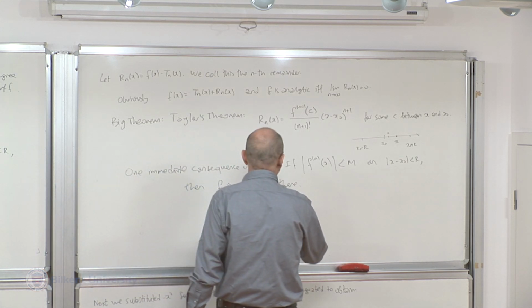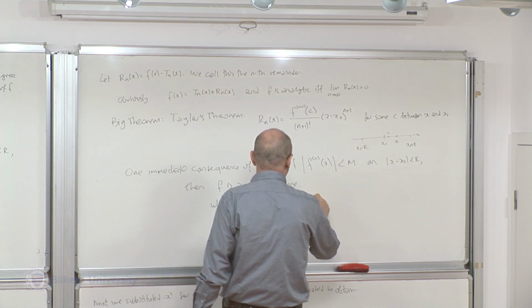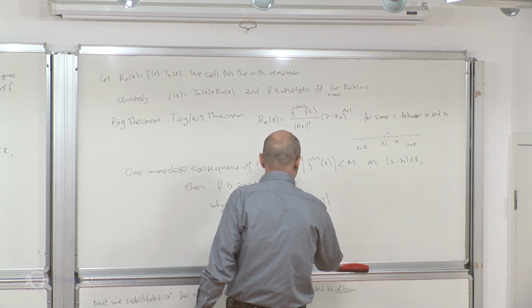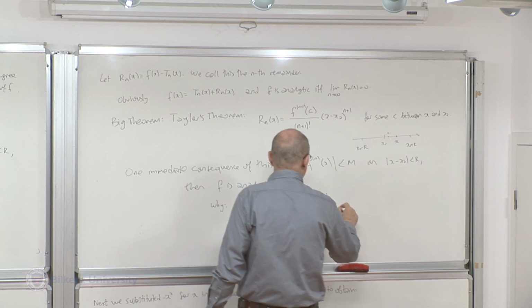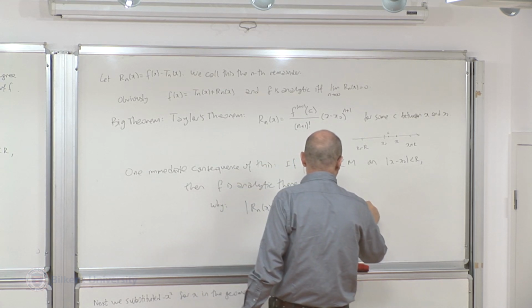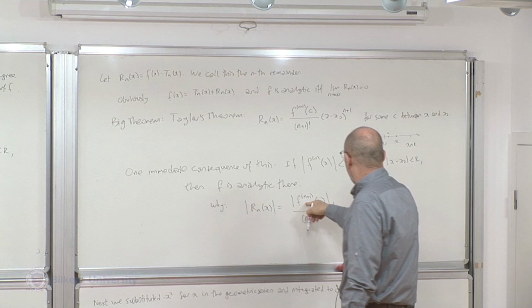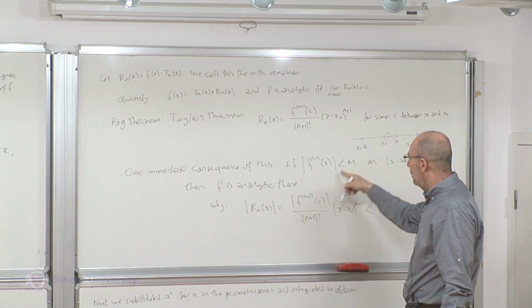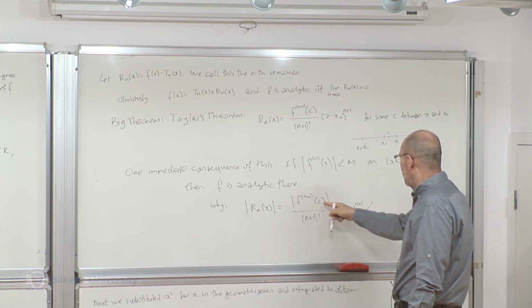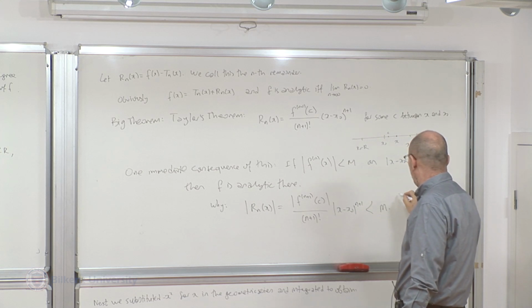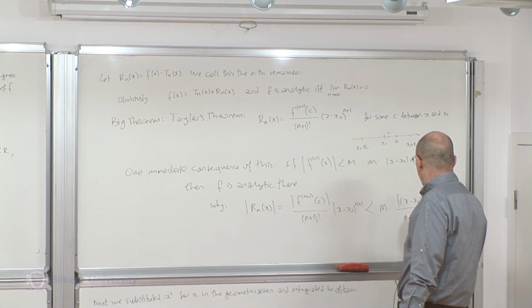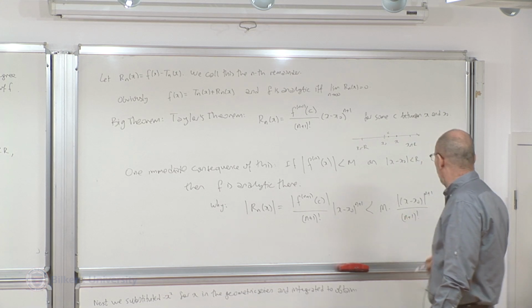This is precisely equal to the (n+1)st derivative evaluated at some c, over (n+1) factorial, times (x minus x sub 0) to the n+1. But no matter which derivative I take and no matter where I evaluate it, it is bounded by M. So this is less than M times the absolute value of (x minus x sub 0) to the n+1 over (n+1) factorial.